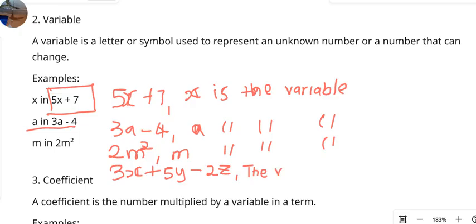I said before that in any equation that's given to you, the variables are always the letters in the expression.